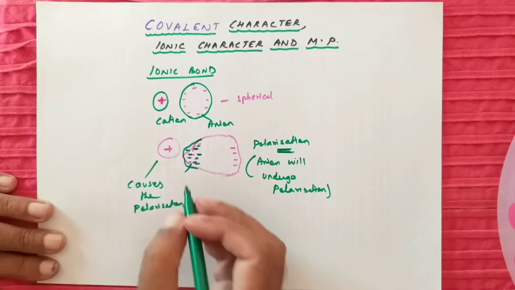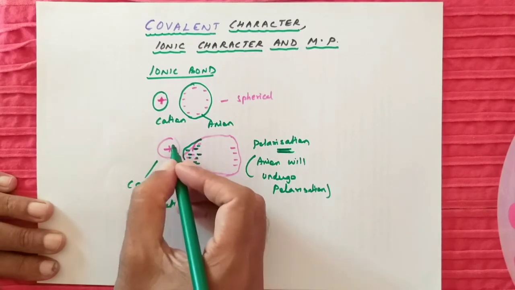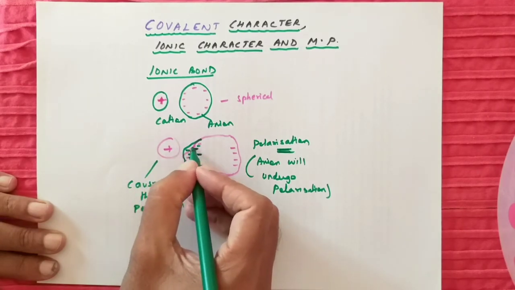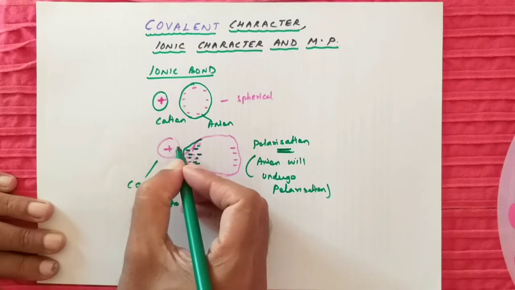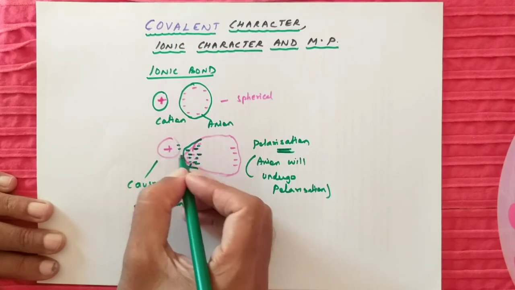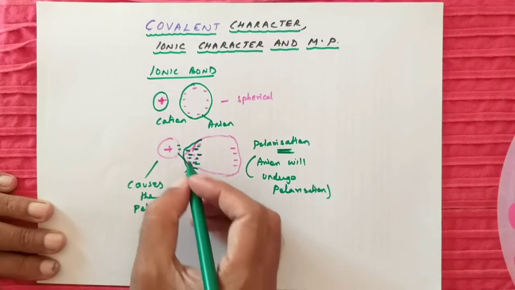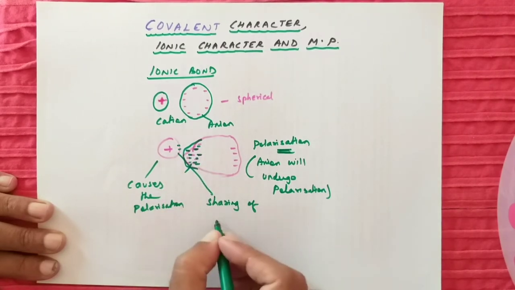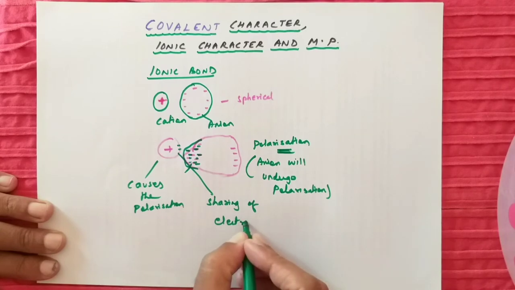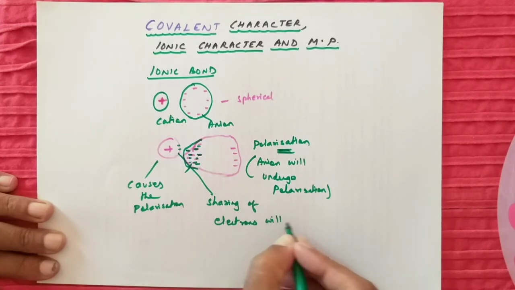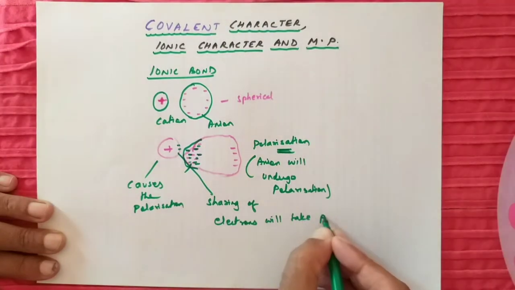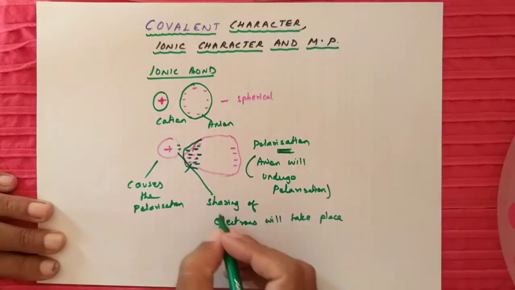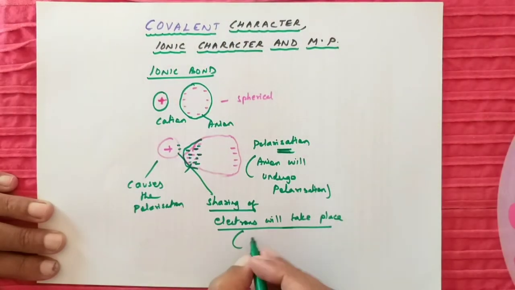Next, here a lot of electrons are present. Now the electrons from here and the cation will share, so sharing of electrons will take place. When sharing of electrons takes place, we call it covalent.